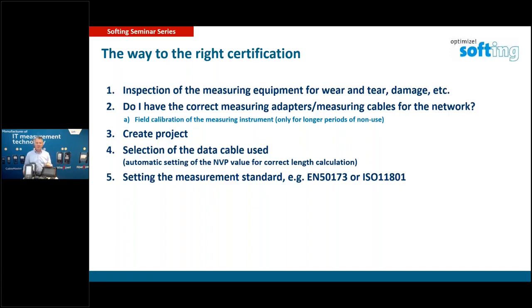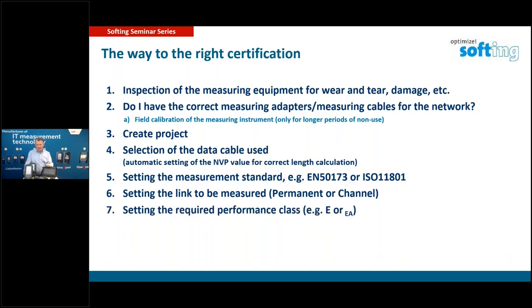You can also choose ISO 11801. Please do not choose the EIA or TIA standard, because it's an American standard. It's not usable here in the European area. Then set the link to be measured, permanent or channel, as I mentioned before.